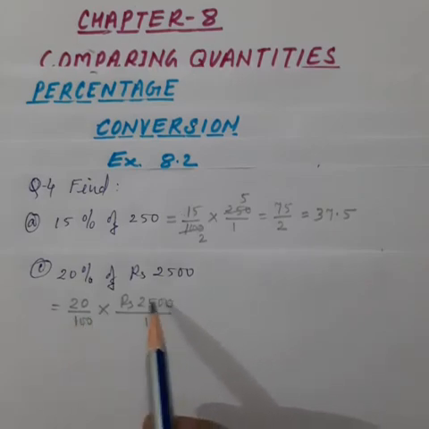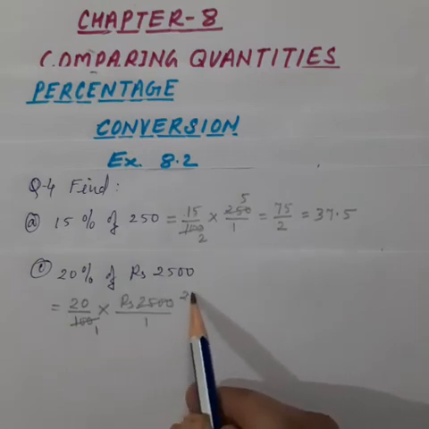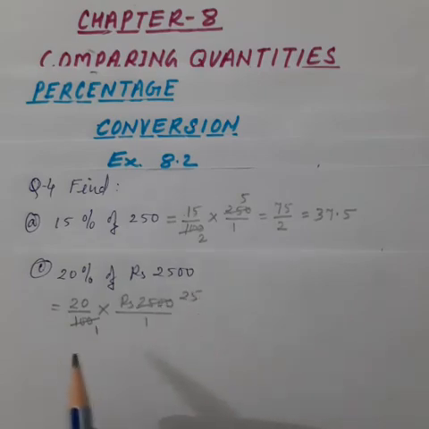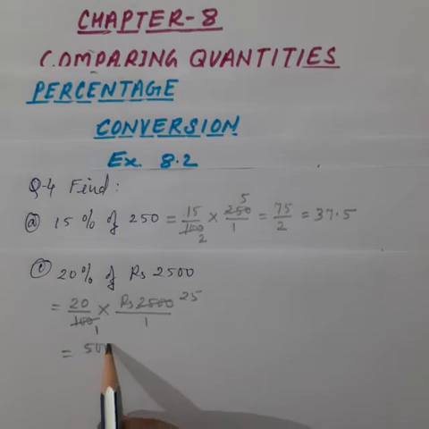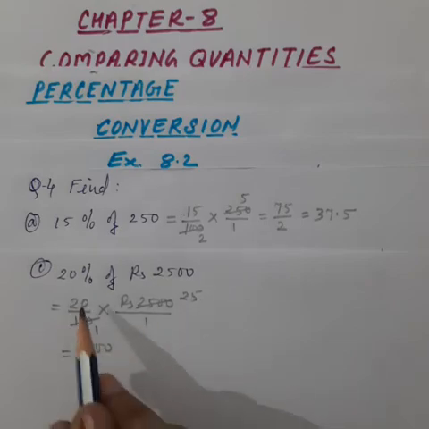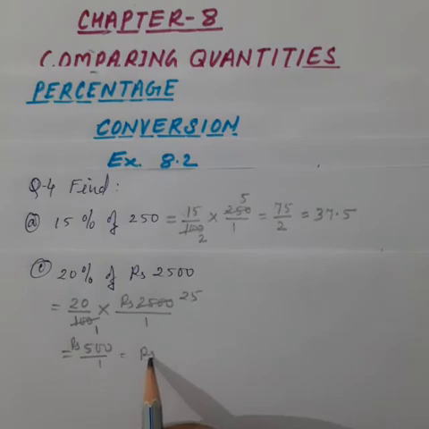So we can cut both by 100. 100 ones are 100 and 100 25s are 2500. Now multiply numerators. 20 into 25, 500. 25 twos are 50 and one more 0. It is rupees. And 1 into 1 is 1. So it is rupees 500.